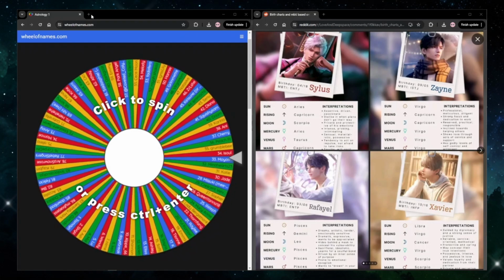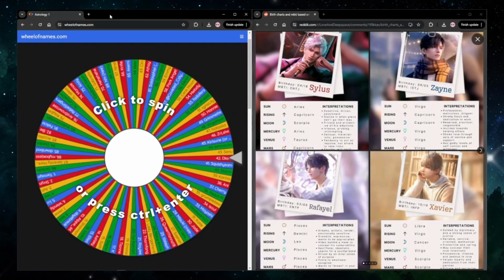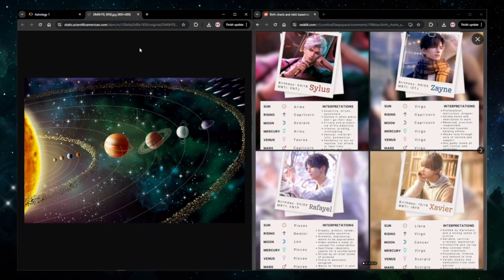So your natal chart is very much like a snapshot of your birth. Imagine the solar system, right? You have all of these planets that revolve around the sun, but at your birth you take the place of the sun, and you have all of the planets orbiting around you.